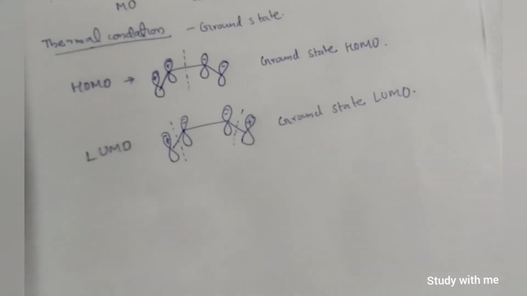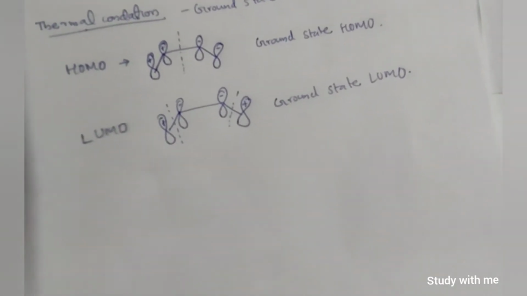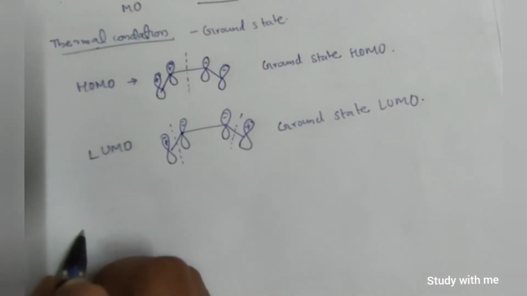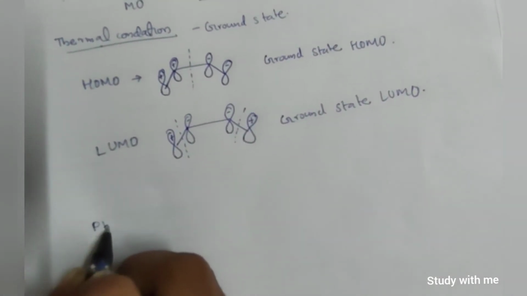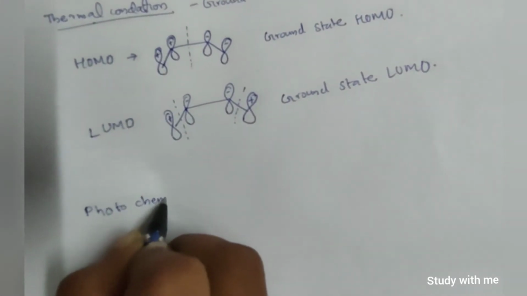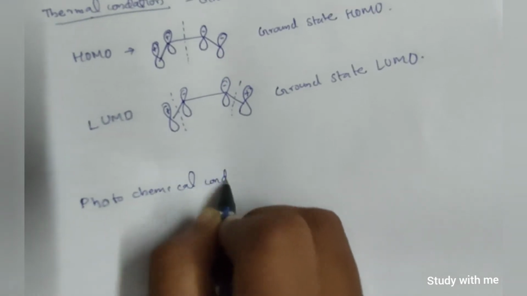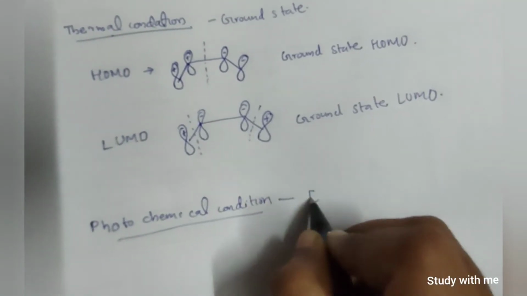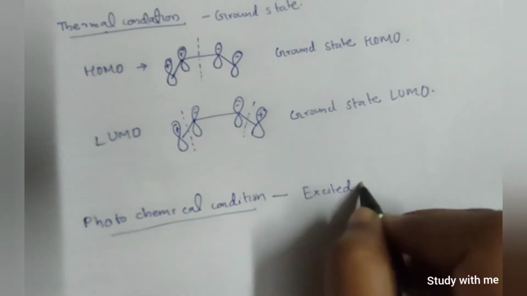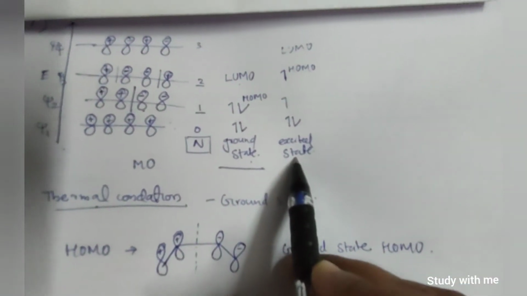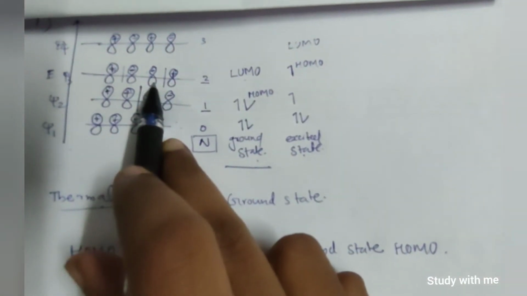The next question is to draw the LUMO of the same species under photochemical condition. For clarification, we will draw the photochemical HOMO and LUMO. In photochemical condition, we only consider the excited state. In the excited state, what is the HOMO? HOMO will be psi 3, isn't it?